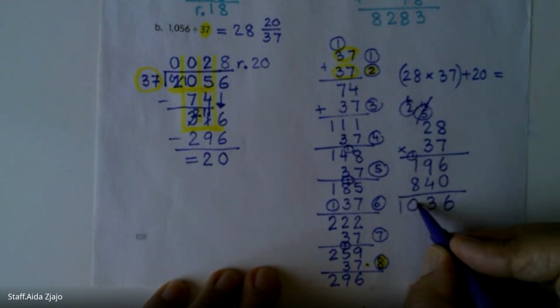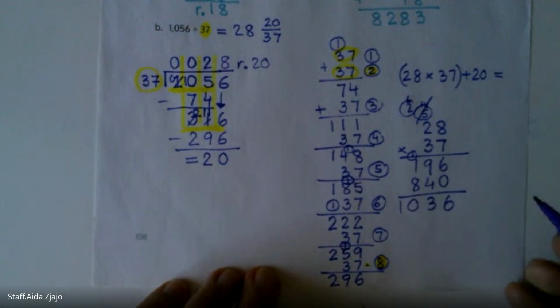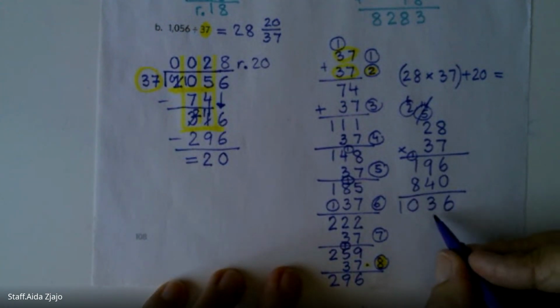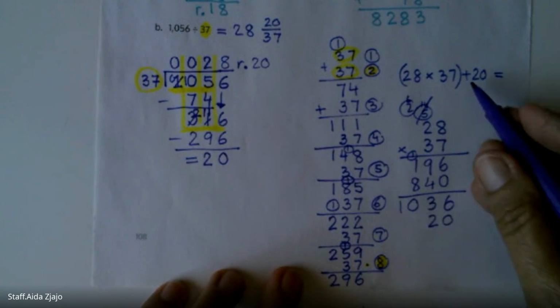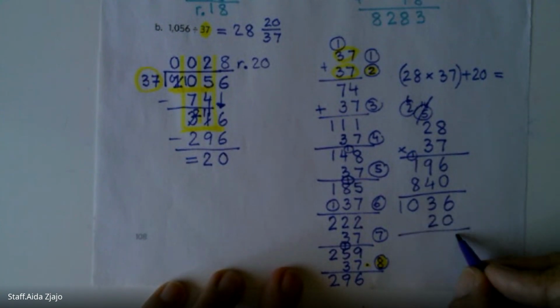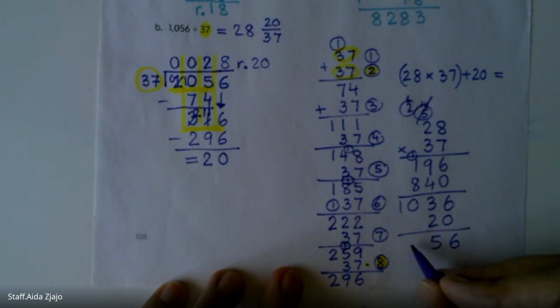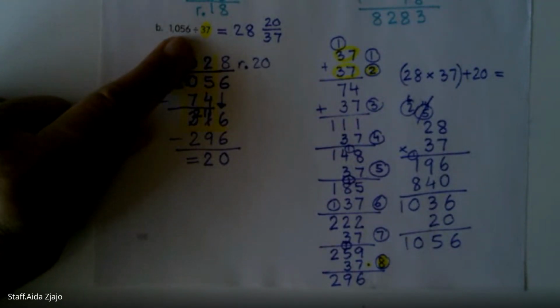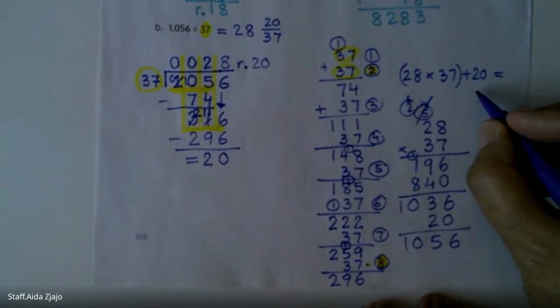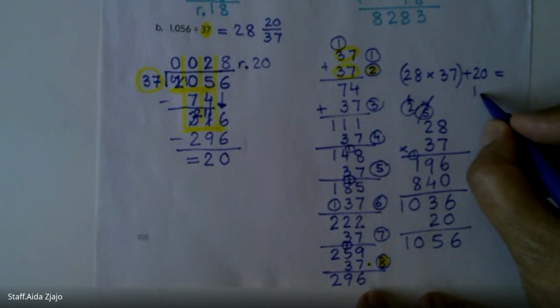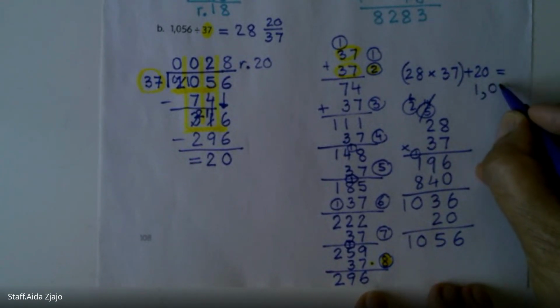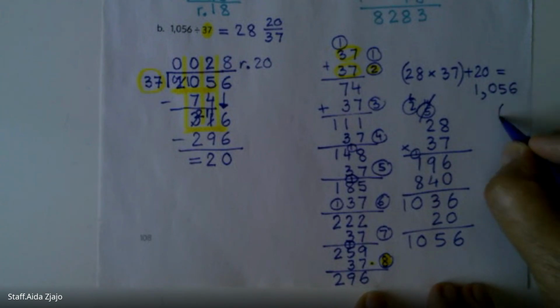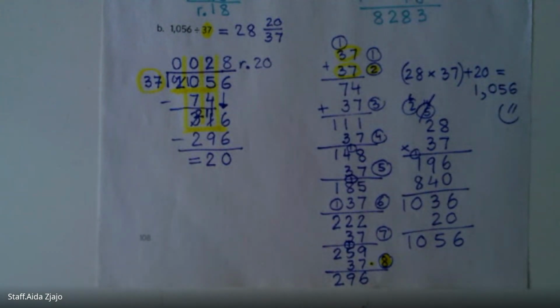That is 1036. And then if you add 20, which is the remainder, you will get the exact number, 1056. We check our answer, and that is correct.